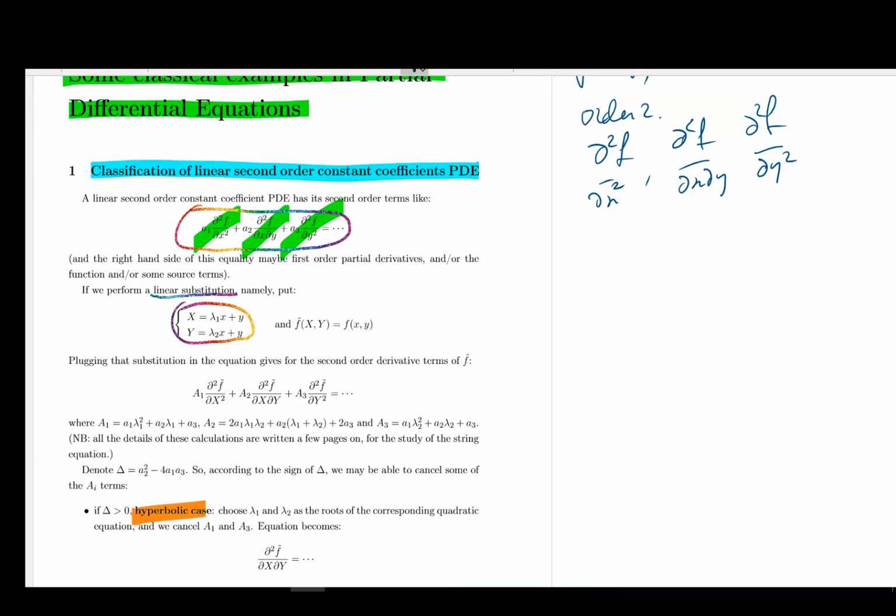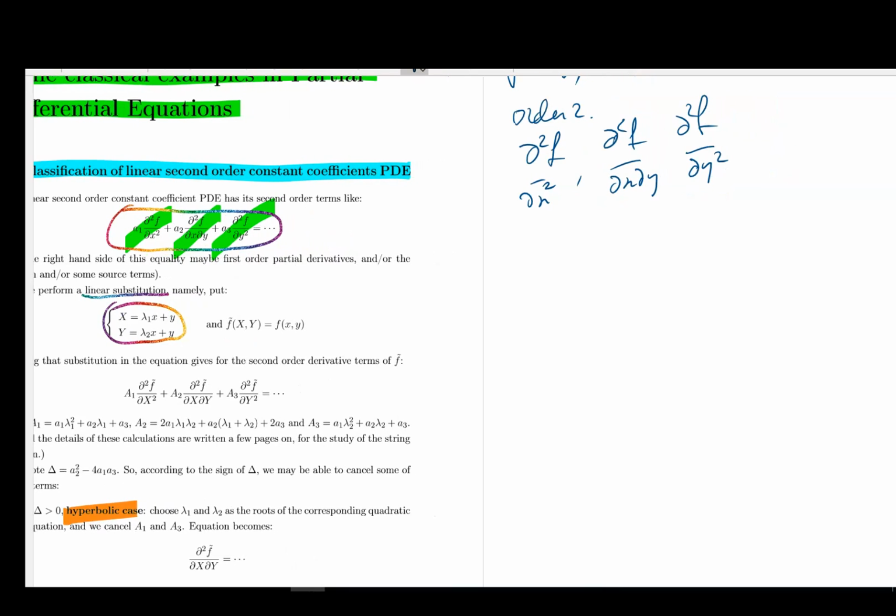We have defined that f tilde of capital X, capital Y is equal to f of x y, and here capital X and capital Y both depend on the small x and y, so we've got this one: lambda 1 x plus y, lambda 2 x plus y.